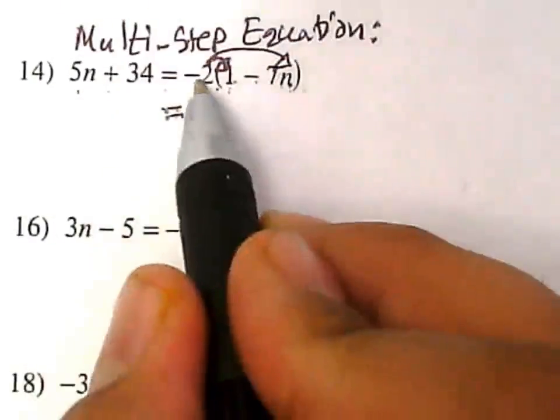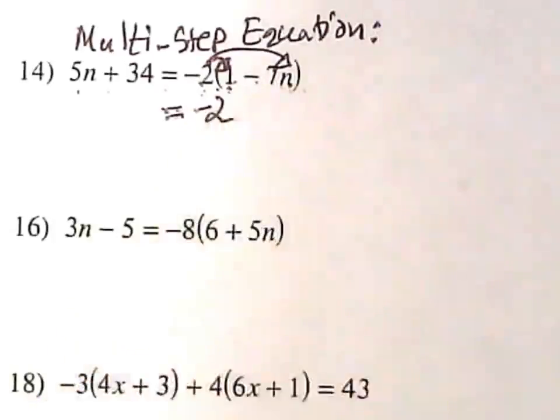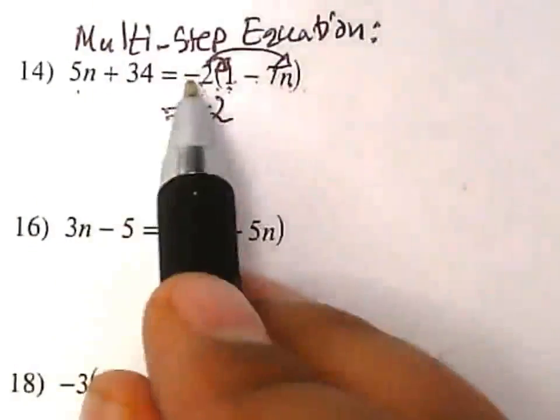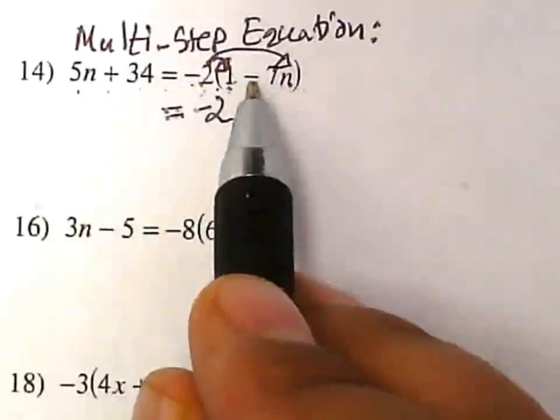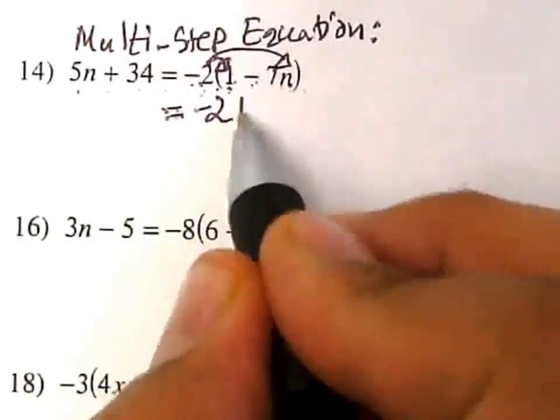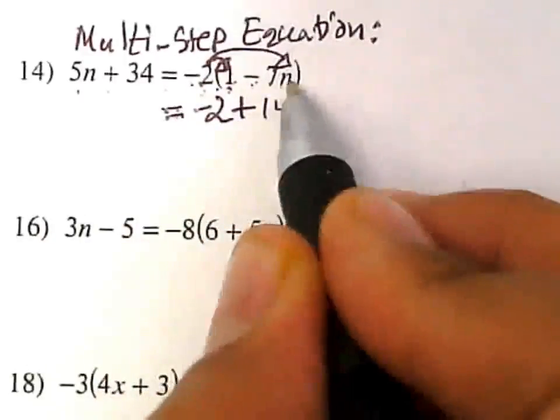So multiply them. Negative 2 times 1 is negative 2. Then you have the negative 2 here, so negative times negative is positive. 2 times 7 is 14, and you have an n here.